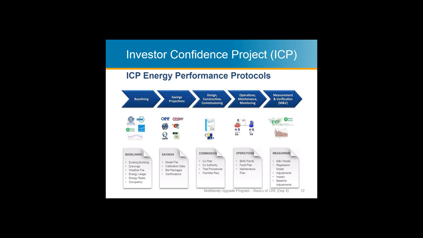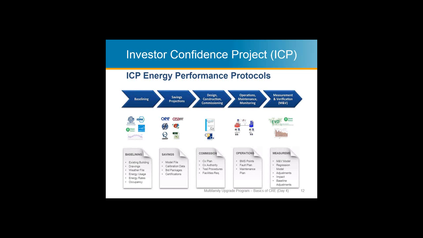So the idea of this streamlining and this categorization of standards and certifications and methodologies is a heavy sort of underlying theme throughout the entire ICP protocol. So you can see that they've taken that sea of labels and logos and categorized it into 5 major buckets.